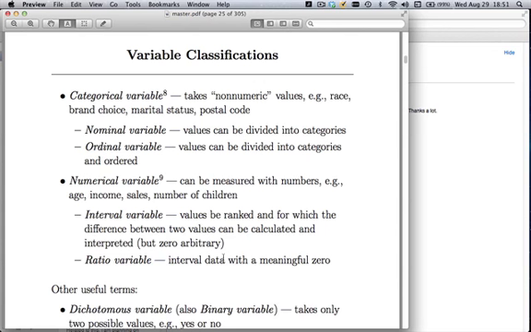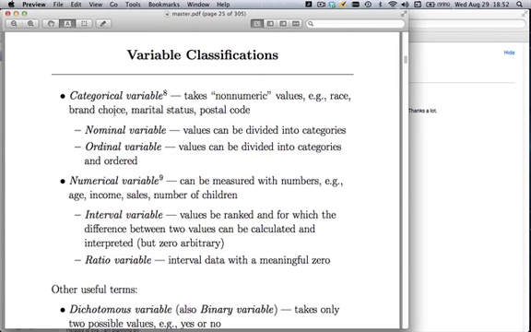Screwdrivers don't work very well on nails. Likewise, if you have a screw, then you want to use a screwdriver. So there's this correspondence between the type of variable and the type of statistical tool, just as there's a correspondence between the type of pointy object and the tool that is used to sink that object. All right, so broadly speaking, variables fall into two categories. There are categorical variables and numerical variables.